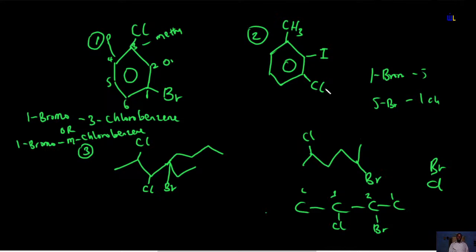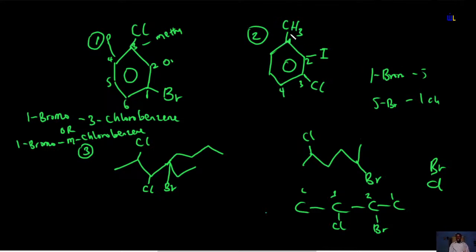Now, the next thing we are going to consider is numbering. Obviously the main compound is toluene, which means the methyl carbon has to be number 1. So we are going to give this number 1, number 2, number 3, and number 4, because toluene is the major organic compound.